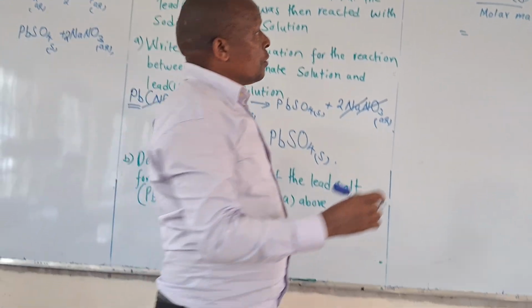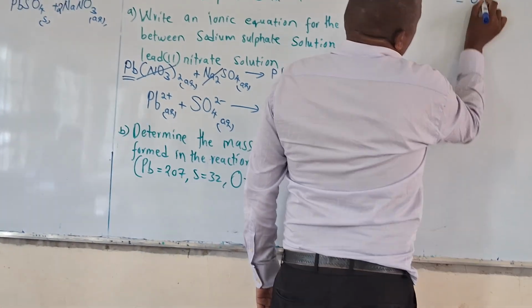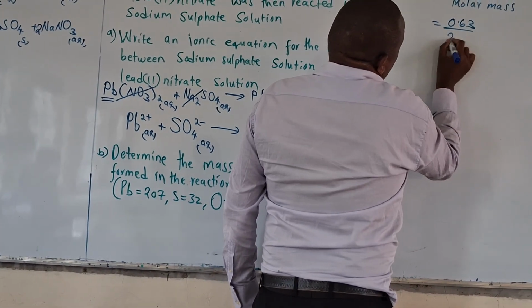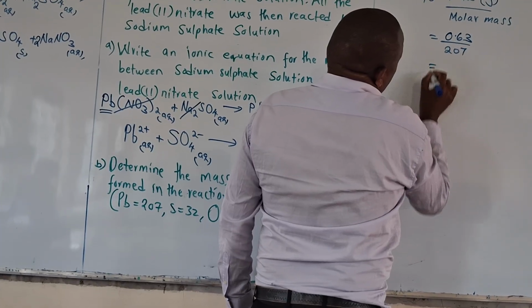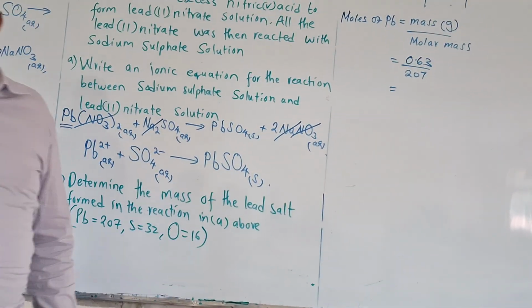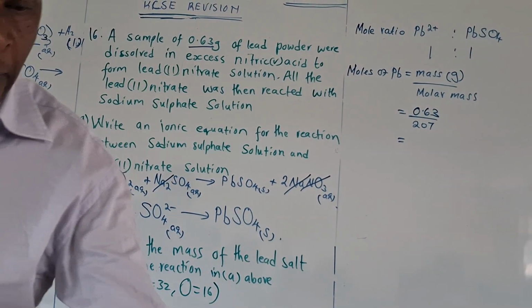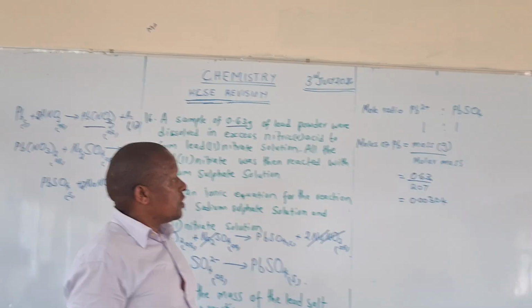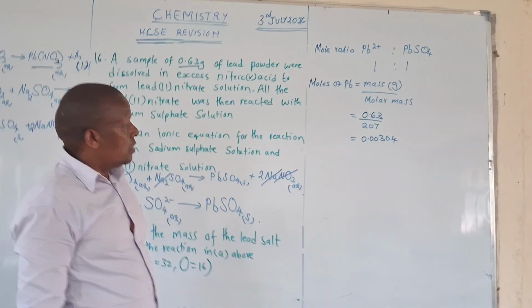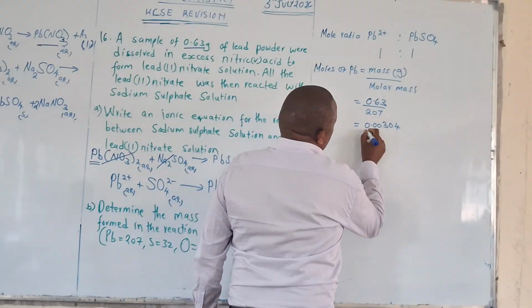The mass is 0.63. The molar mass is 207. What will be the number of moles? 0.00304. Moles of what? Of lead.